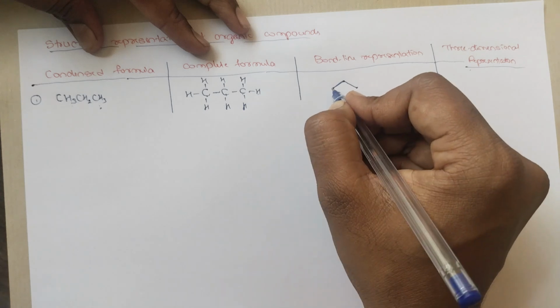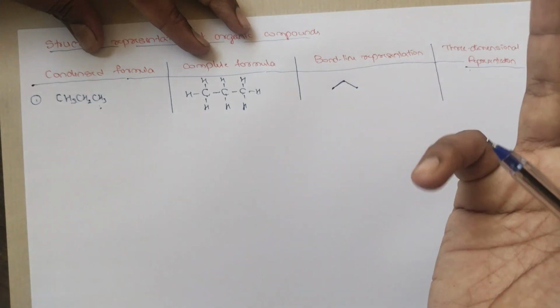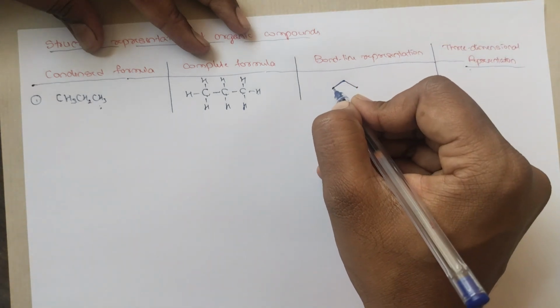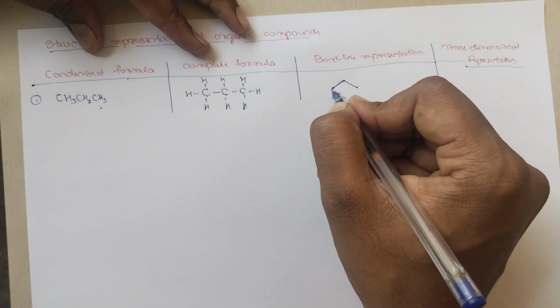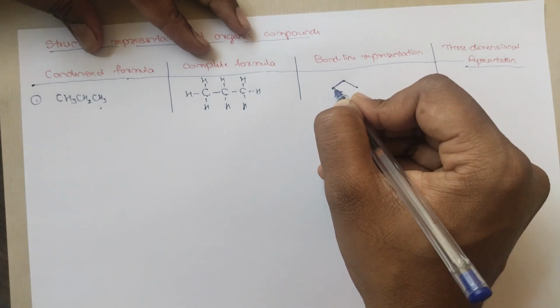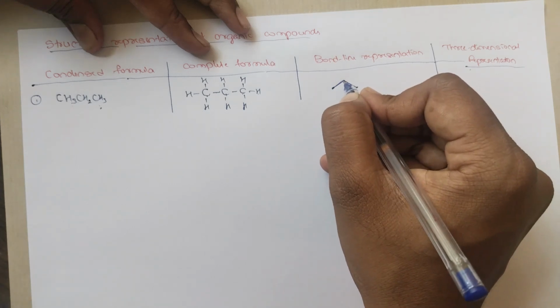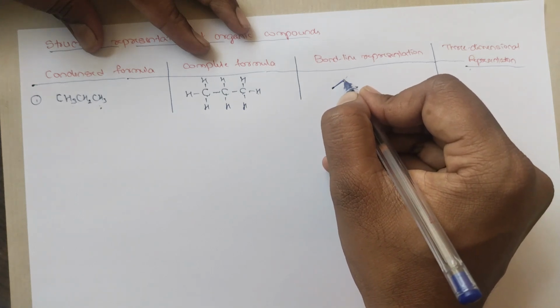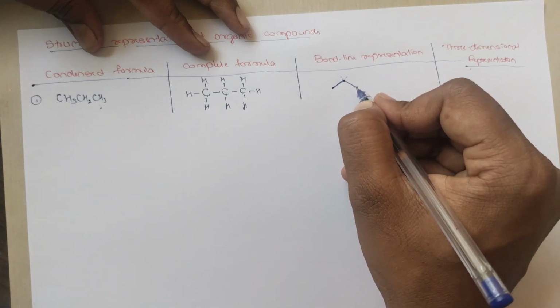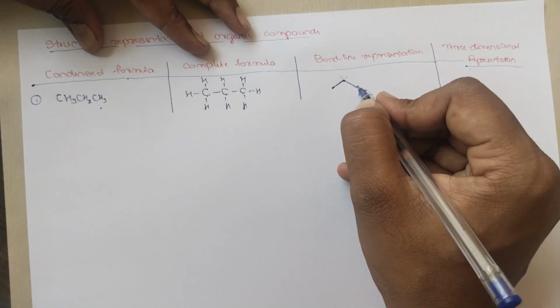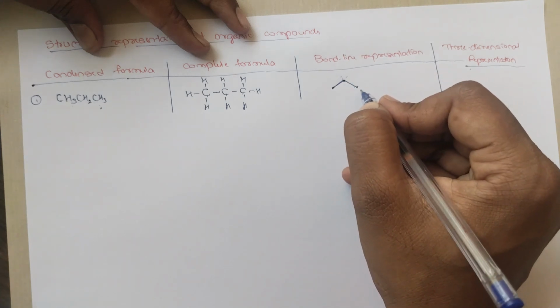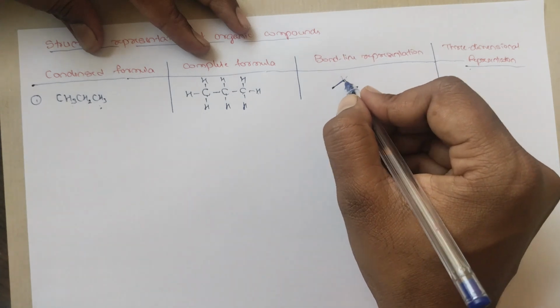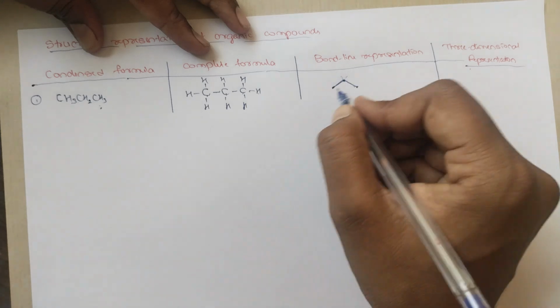This carbon has made 1 bond, so there are 3 hydrogens attached to this carbon. Here this carbon is attached to this carbon and this carbon, so there are 2 hydrogens. This carbon is attached by 1 bond with this carbon, and there are 3 hydrogens. This is the bond line representation of propane.